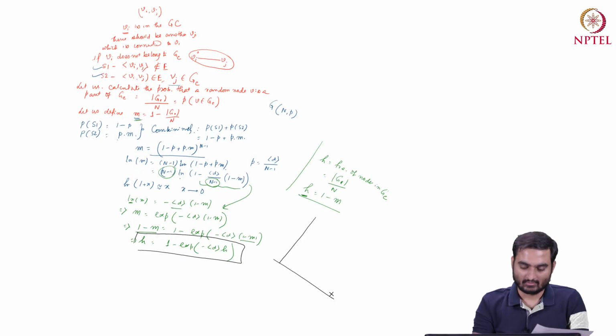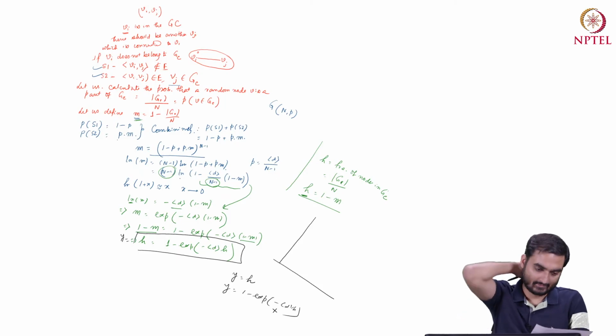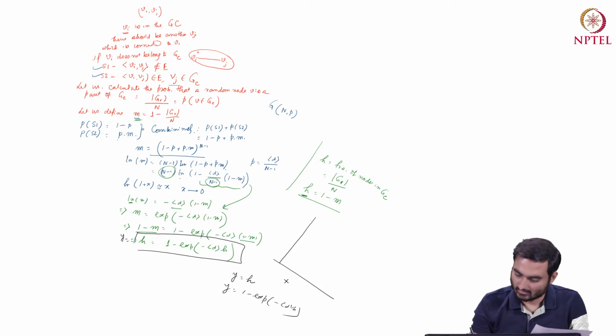Okay. So let us assume that this is y. y equals h equals this one. So you basically have two things. One is y equals h, other is y equals 1 minus exponential of minus mod d times h. And this is your h and this is y.